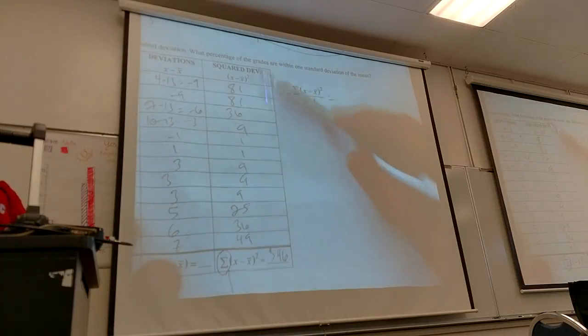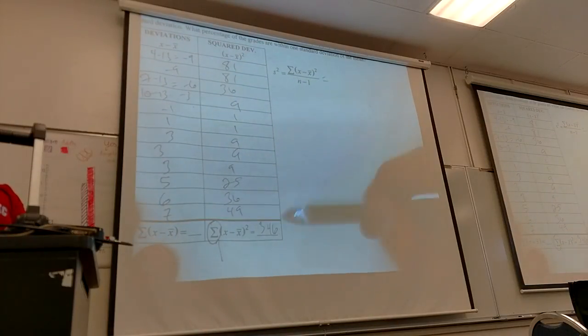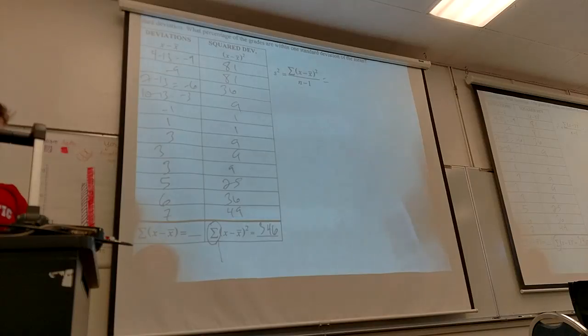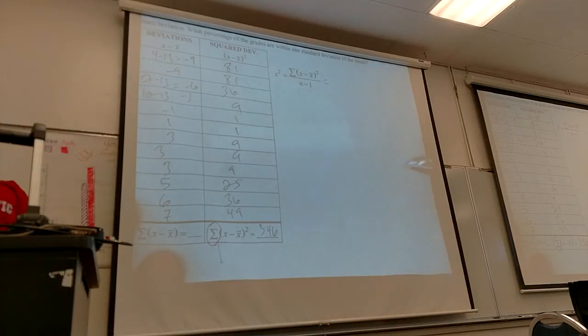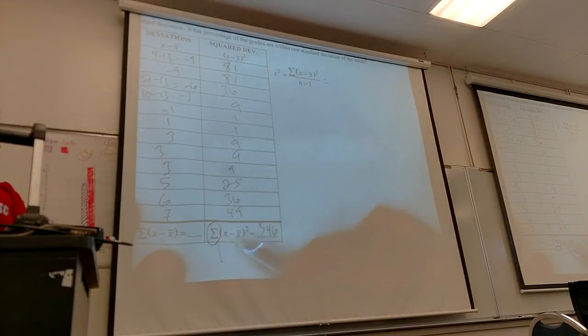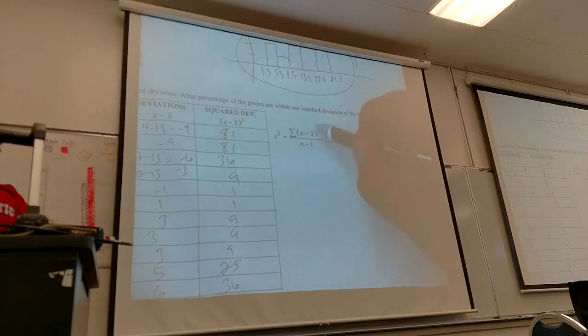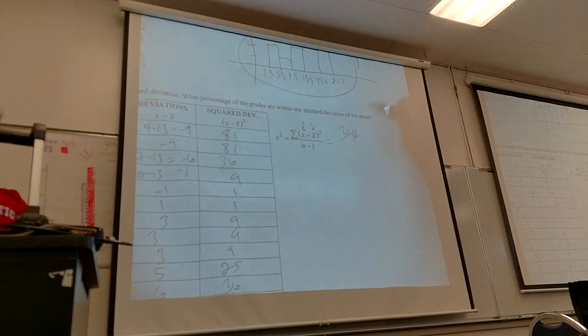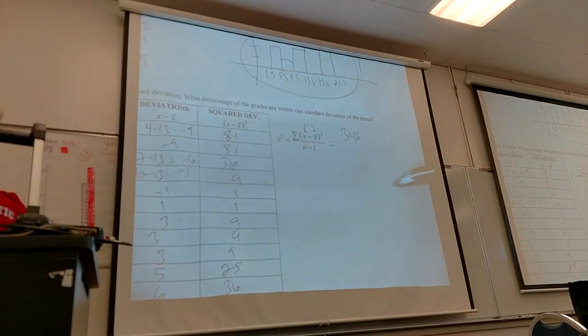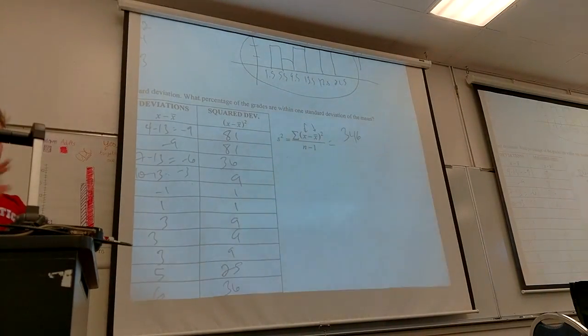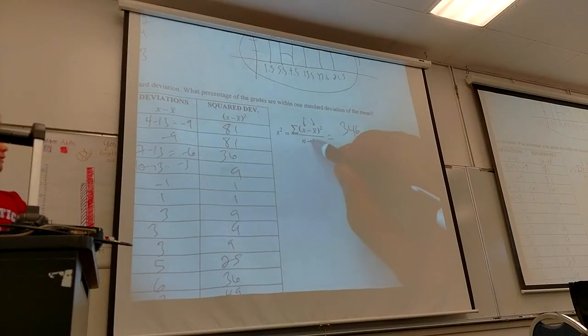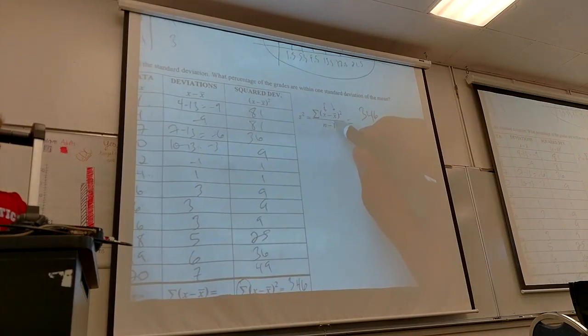So this whole symbol is the new thing, and this is where algebra students have a lot of trouble. The entire top is 346. You can't plug stuff into there because that's all these individual things. I need the sum of all that stuff up on the top. And what does n mean again? Total number.